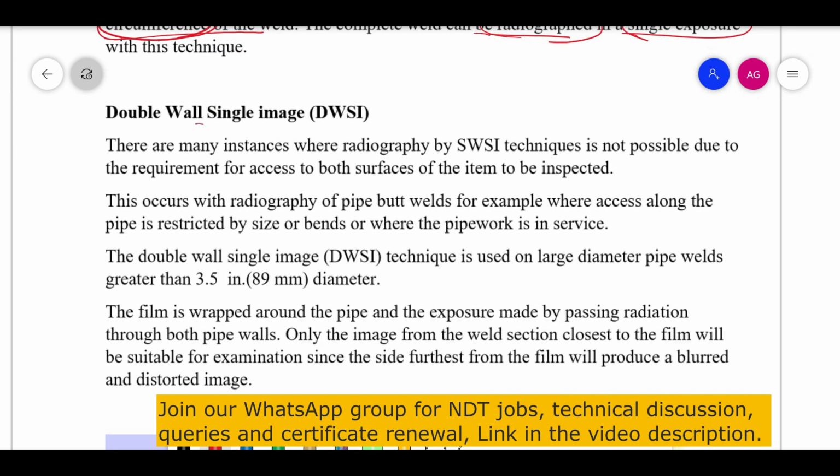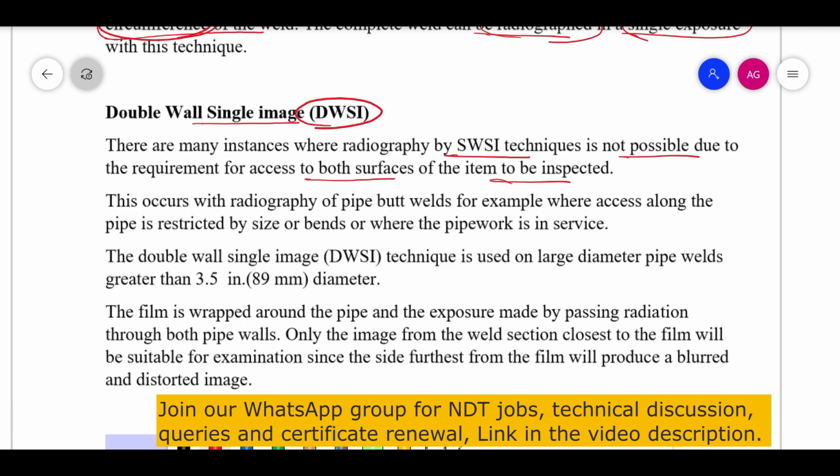Second one is the double wall single image technique. In short, you can say DWSI technique. There are many instances where radiography by the SWSI technique is not possible due to the requirement for access to both surfaces of the item to be inspected.